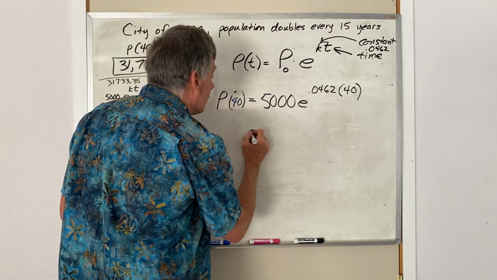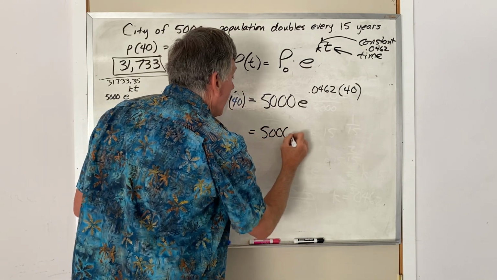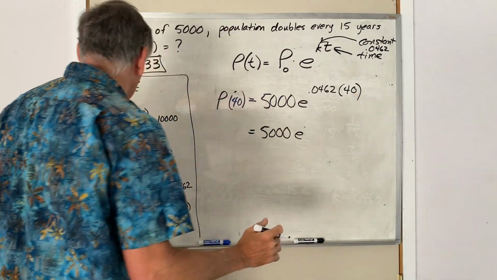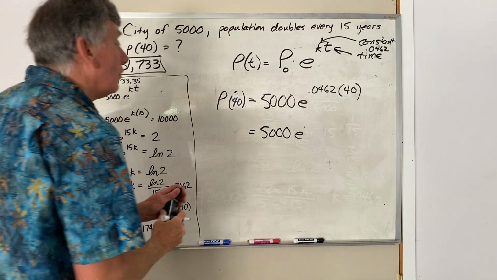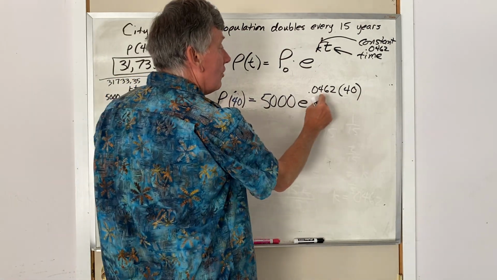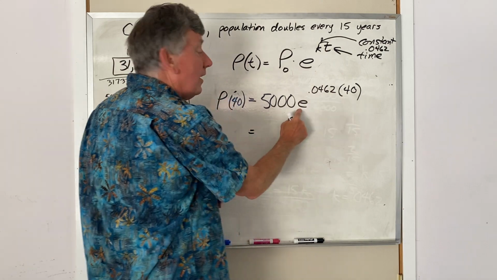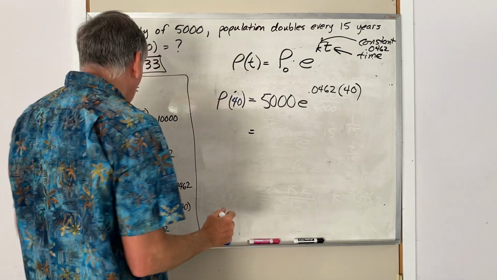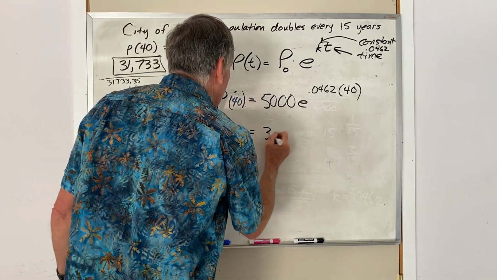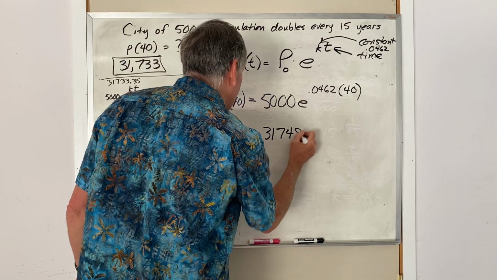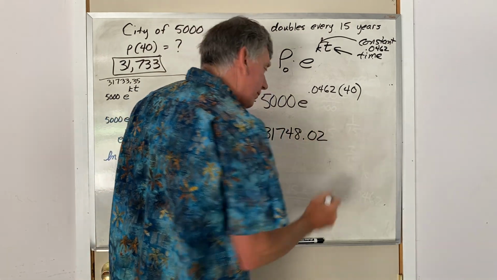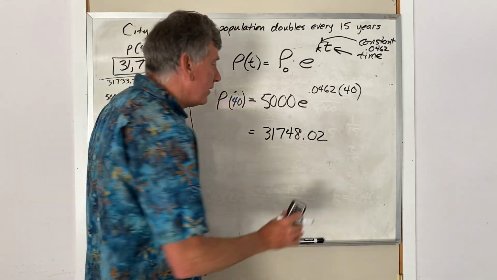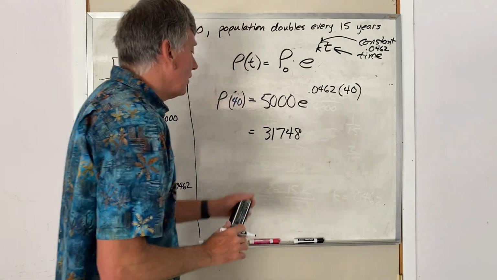When I do this calculation, I multiply these two numbers together, take e to the x, and then multiply that number by 5,000, and this time I get 31,748.02. Again, it makes no sense to talk about 2/100ths of a person. We round down, and I get 31,748.